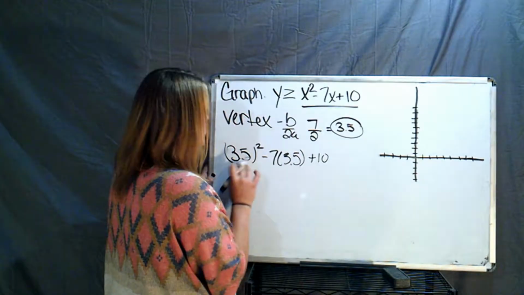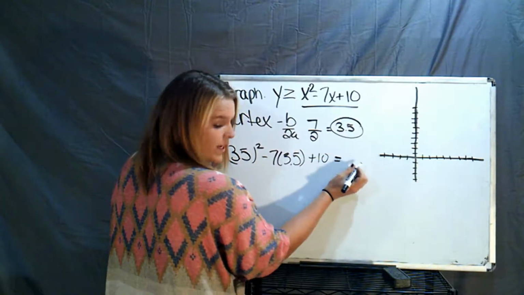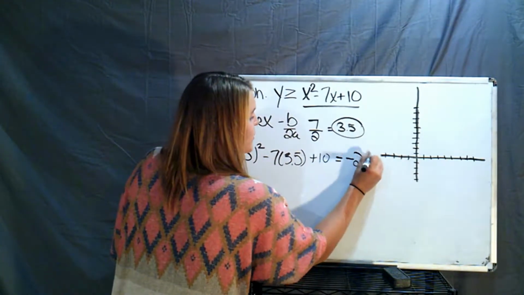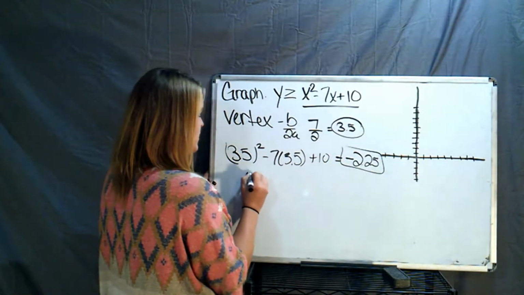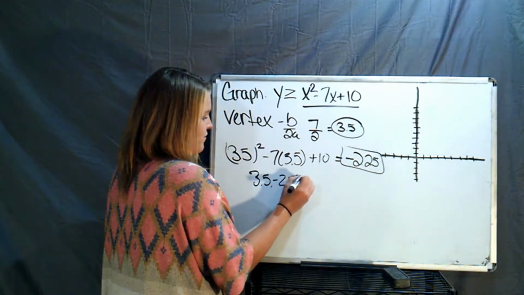I'm going to square my 3.5, subtract that, add that, and I should end up with negative 2.25. So then I know that my vertex is 3.5 and negative 2.25.